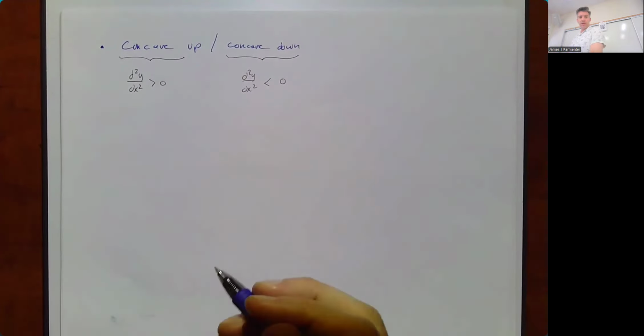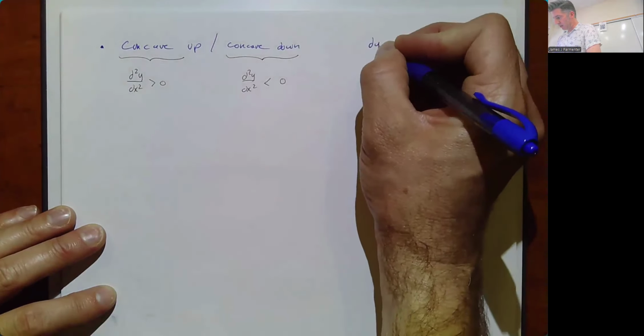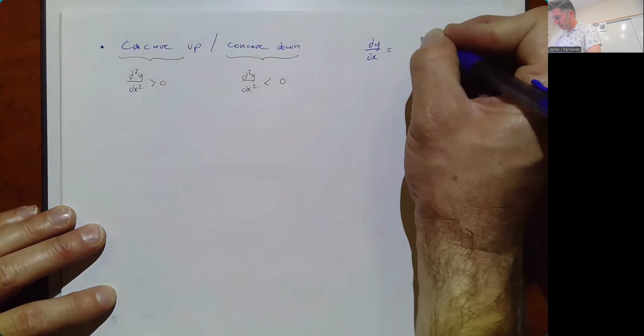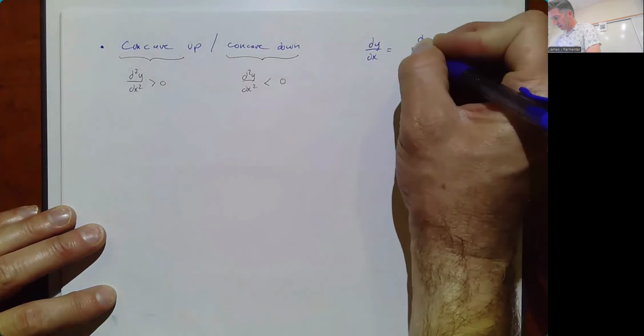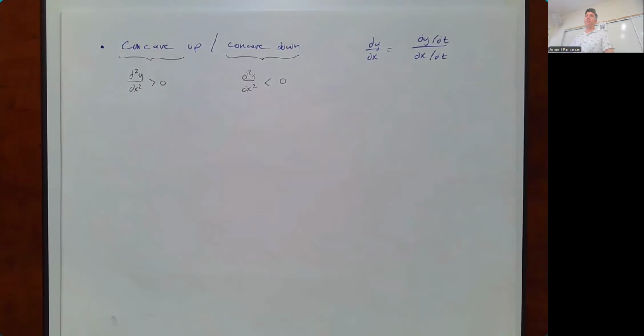Here's what I mean. We have so far that dy/dx is equal to dy/dt divided by dx/dt. And when I first learned this, I really thought, well, if dy/dx is just the derivative over the derivative, then the second derivative is just going to be the second derivative over the second derivative, and it's not. So let's actually find it.